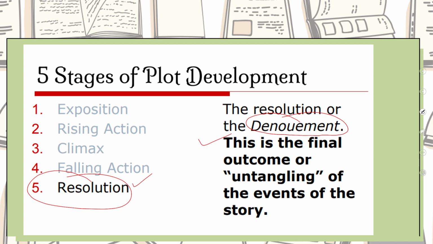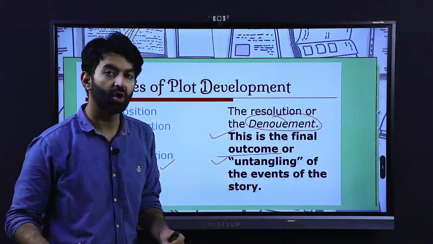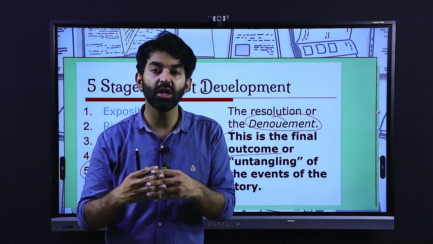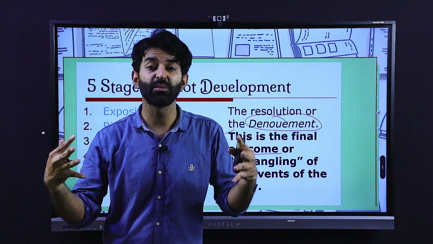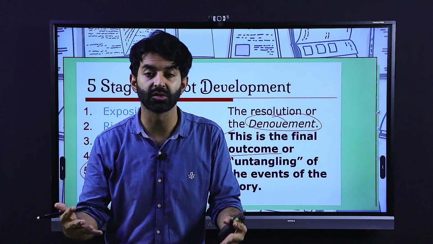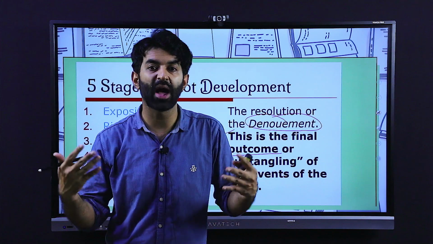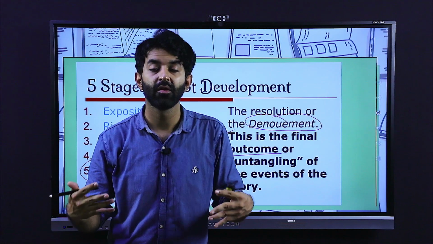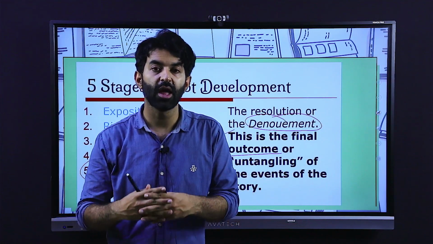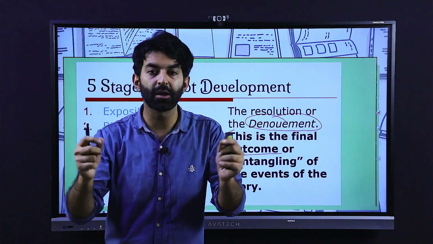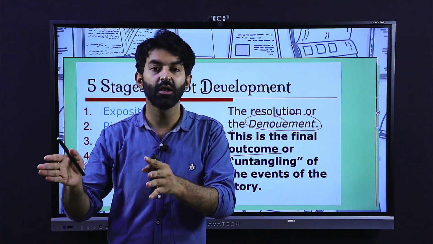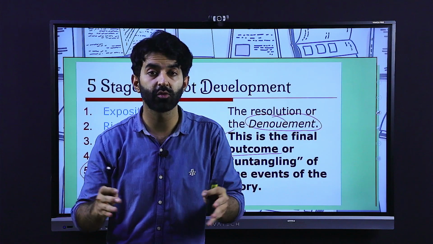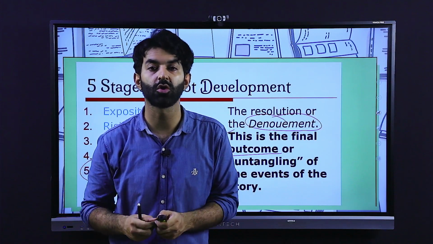This is the final outcome or the untangling of the events of the story, because at the climax the story is pretty much tangled and you need answers. How things are happening, why they are happening, why a certain character is doing this, and why there are different situations. Now you have to untangle them one by one, and then you will move to the solution or the resolution of the story.